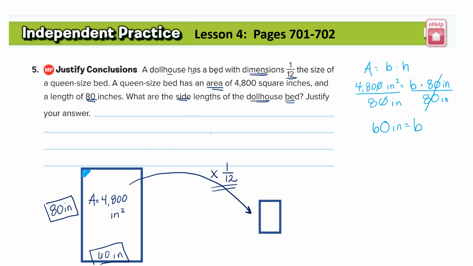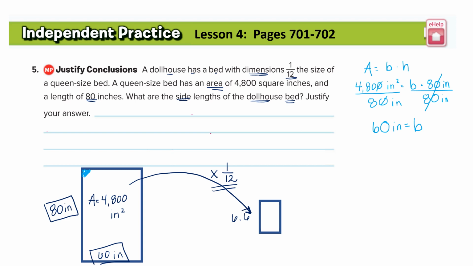So in your calculator, you can put 80 divided by 12 equals 6.6 repeating.